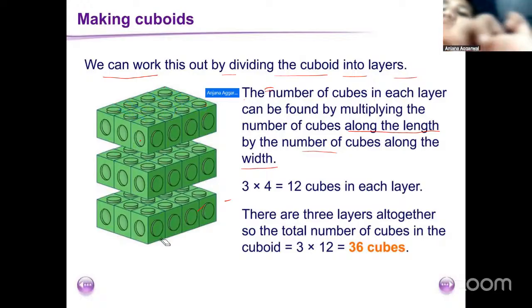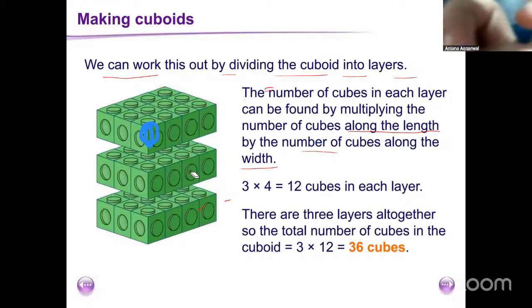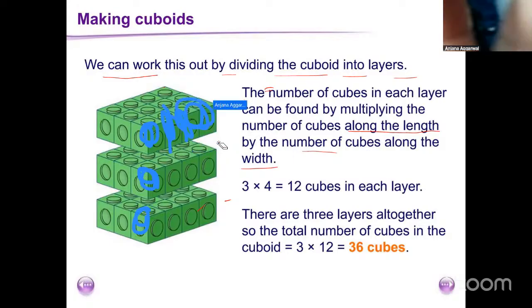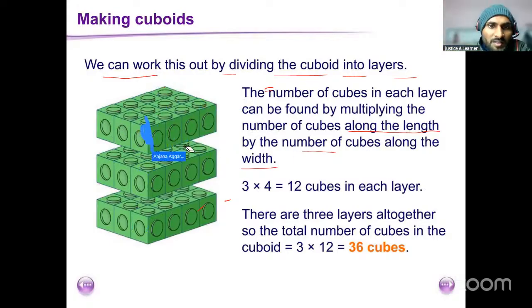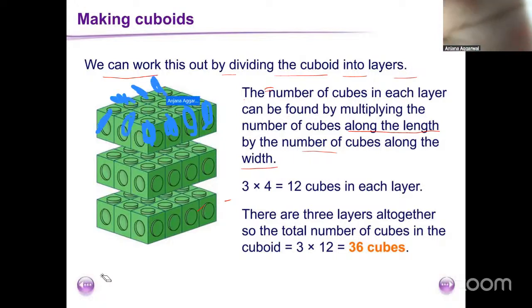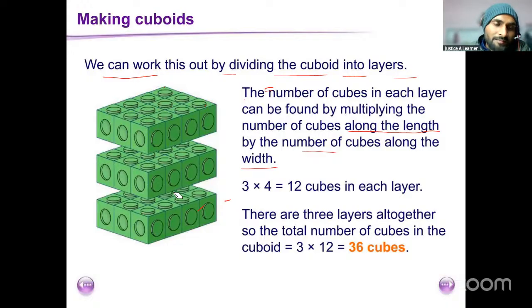So, count this part. 1, 2, 3, 4, 5, 6, 7, 8, and 9, then 10, and then there are two in between. 10 plus 2 is 12, right?